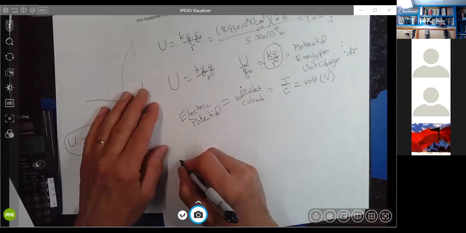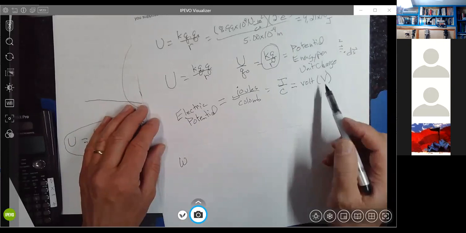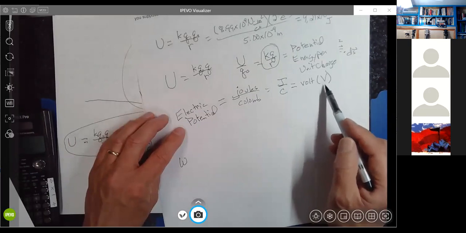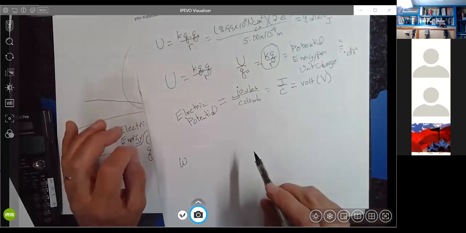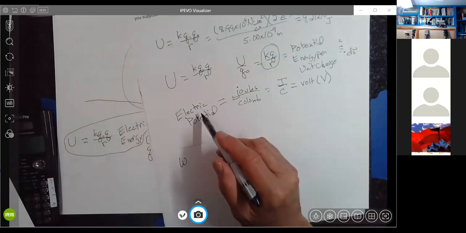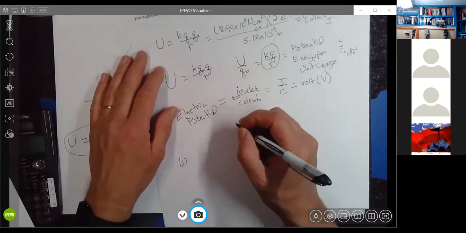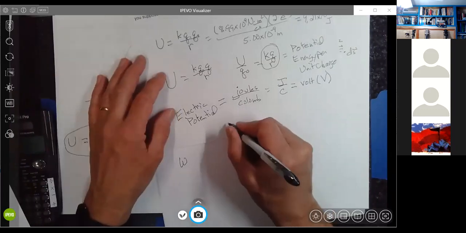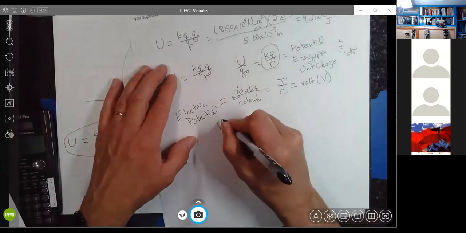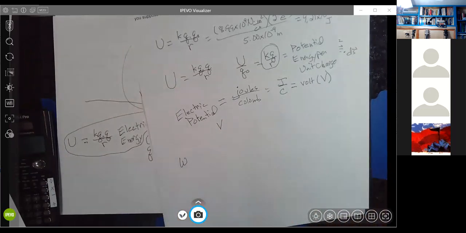Oh, by the way, this is another place where things get confusing. The abbreviation for the unit of electric potential is capital V. That's often the symbol that we use to stand for electric potential. And so a lot of times a problem will ask you to calculate the electric potential a distance r away from something, and you'll use a V to stand for the thing that you're calculating as well as for the units that it's measured in.